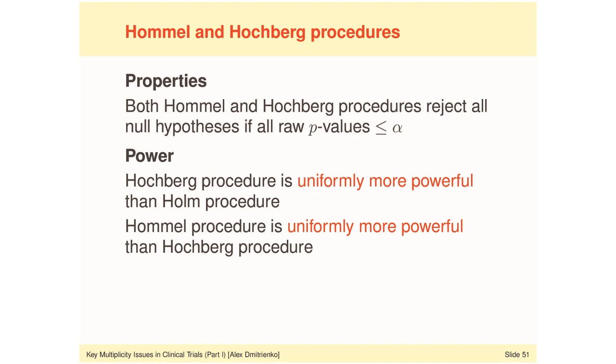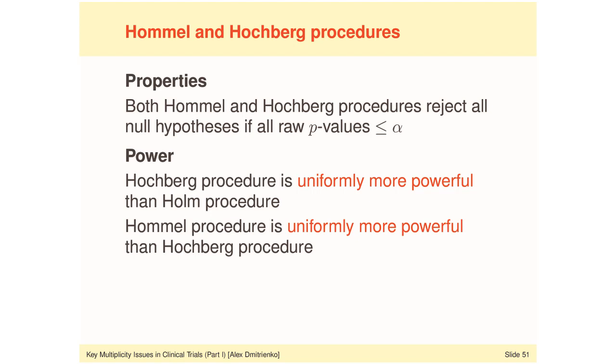This slide provides a summary of key properties of the two step-up procedures. First of all, the first property is a more interesting or even curious fact: both Hommel and Hochberg procedures reject all null hypotheses in a multiplicity problem in a clinical trial if all the raw or unadjusted p-values are less than or equal to alpha.